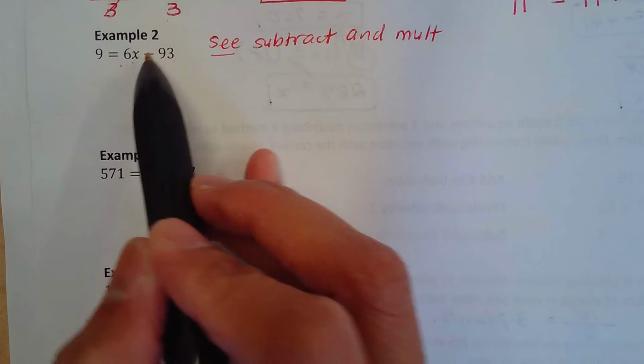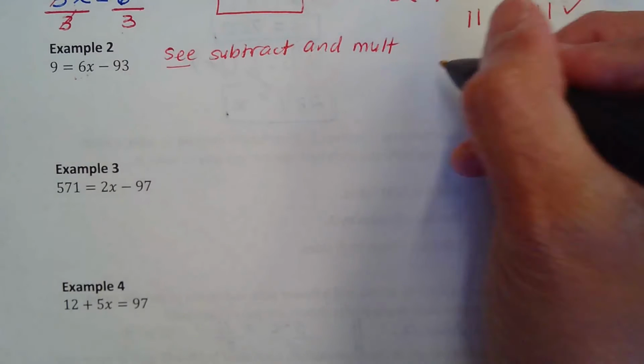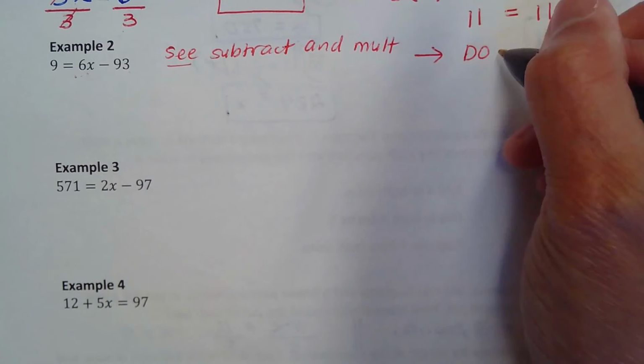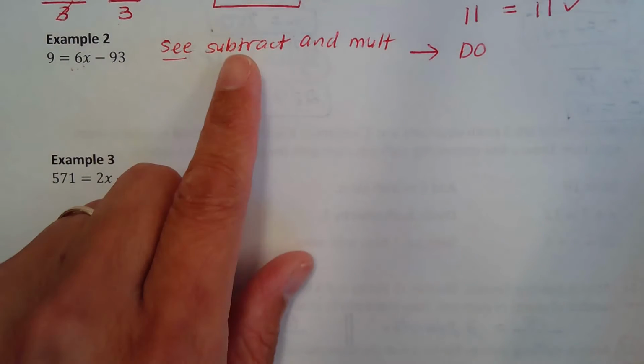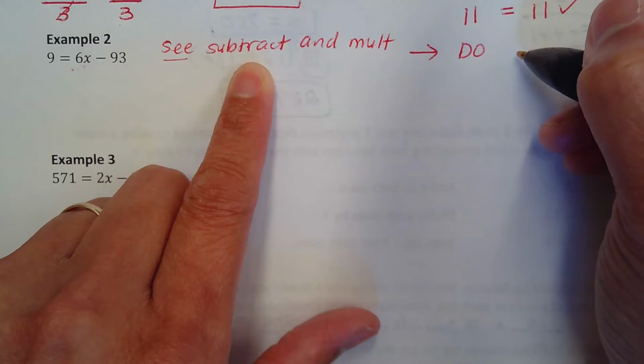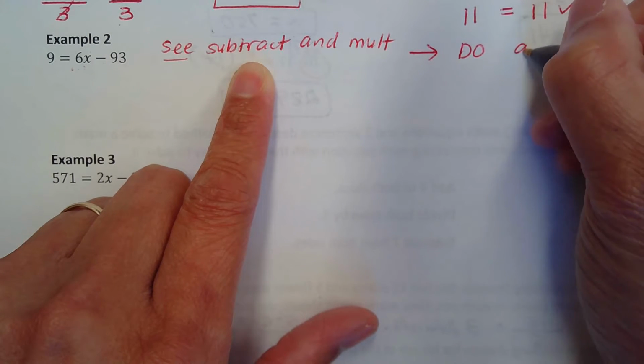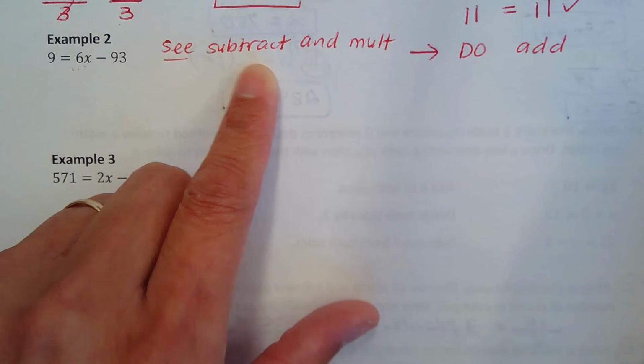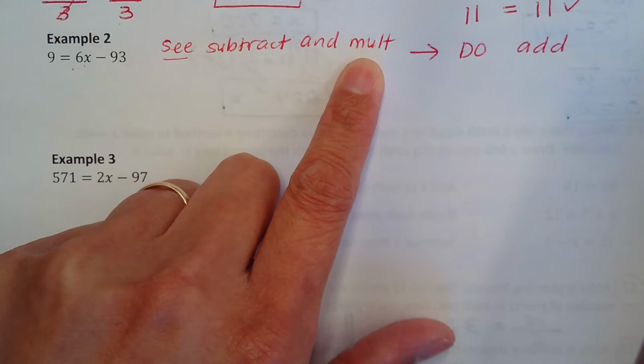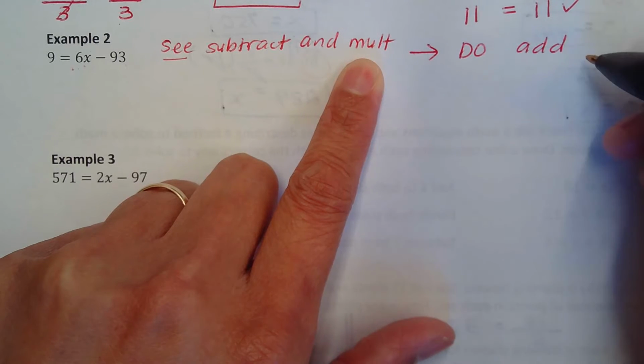So if this is what we see, then what do we do? What's the opposite of subtract? Addition. And if it's multiplication, what's the opposite of multiply? Divide.